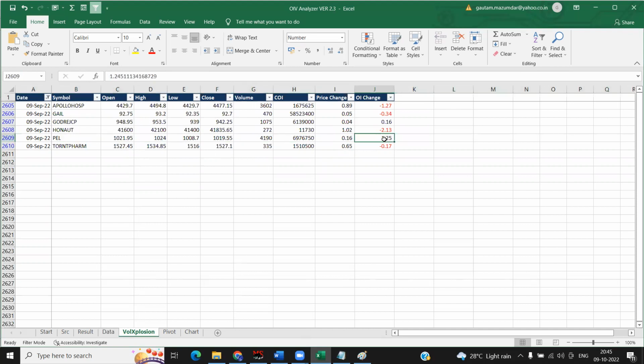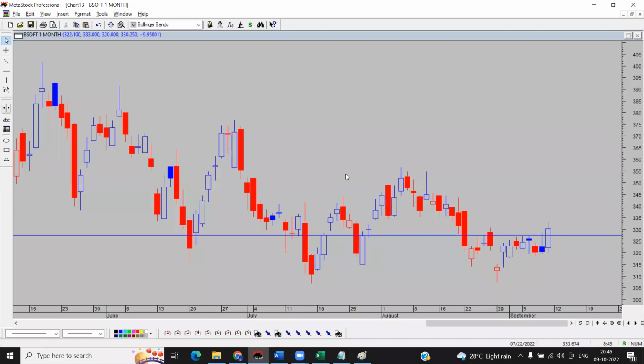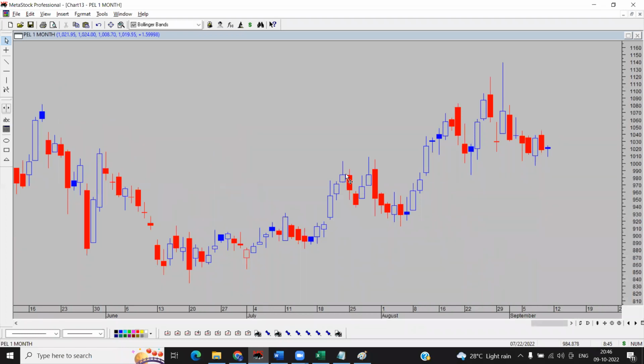Here it has increased by 1.25%. Most likely it will be in a consolidating range. In that case, wait for a move to come up in any one direction, then act on it.